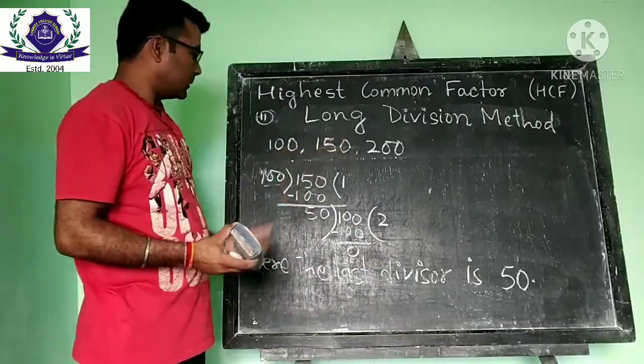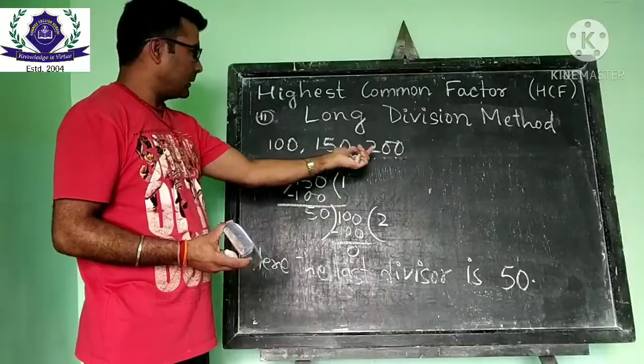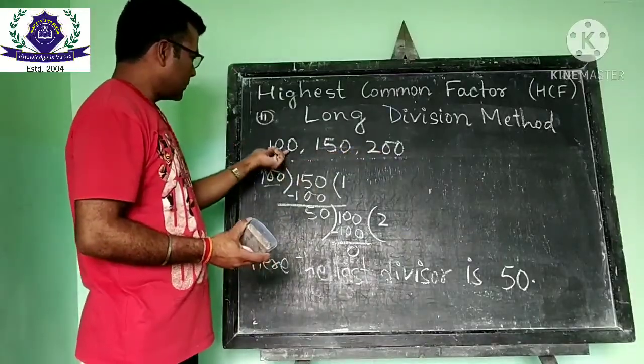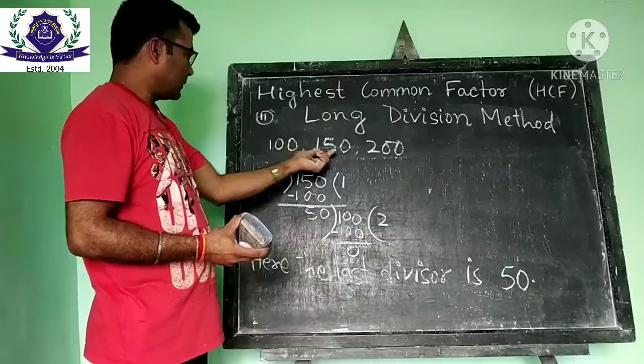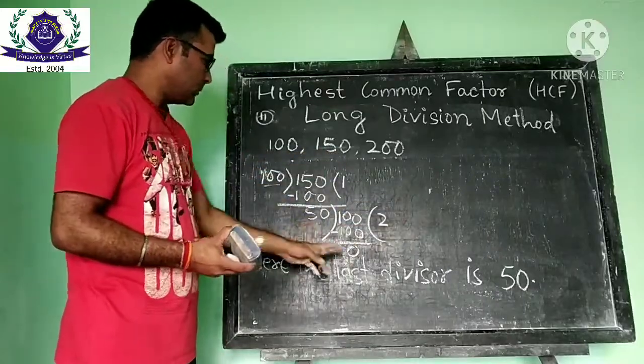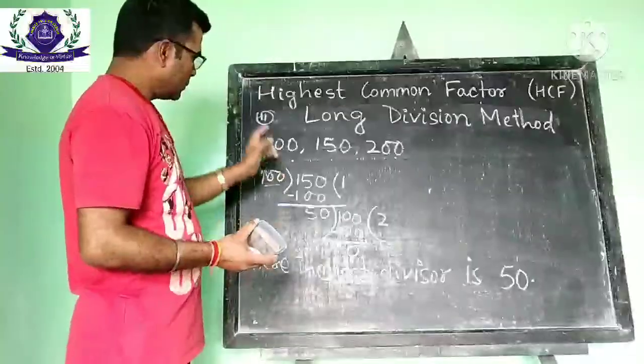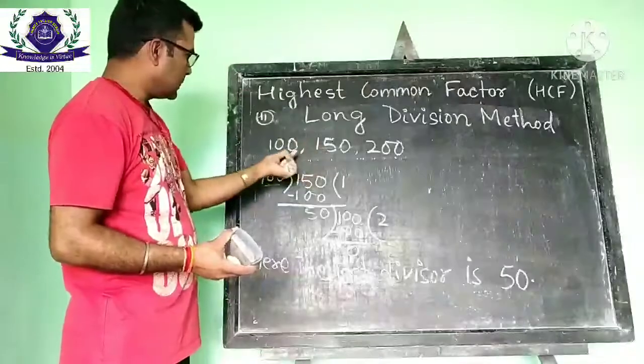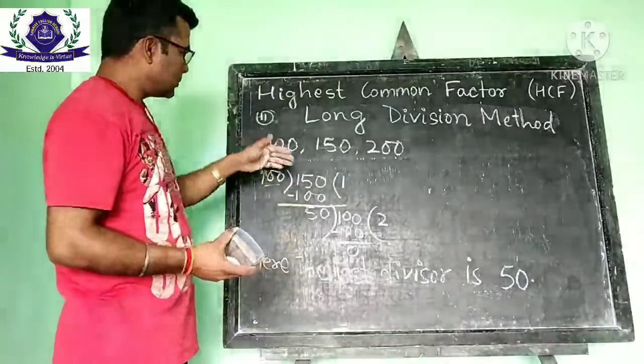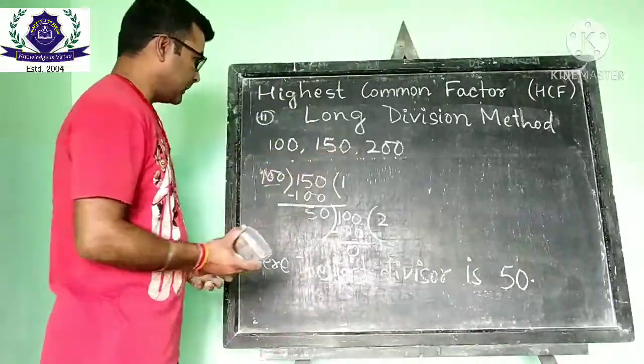But here there are three numbers, so once again we need to find the HCF with this 200 also. So we have found the HCF of 100 and 150, that is 50. The last divisor will be the HCF. So in this case there are three numbers, so we need to divide once again.